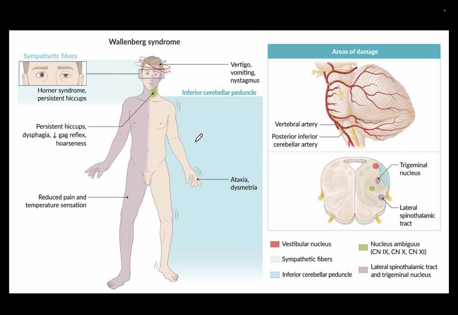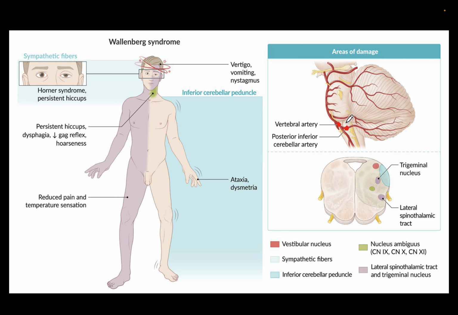So this is a nice clinical summary of Wallenberg syndrome, illustrating the arteries typically involved, the structures that become ischemic, and the clinical signs and symptoms that result. Here they're showing the posterior inferior cerebellar artery infarct, and that's what we showed on the previous slide. An alternative, similar but not identical situation could be produced by a vertebral artery occlusion.